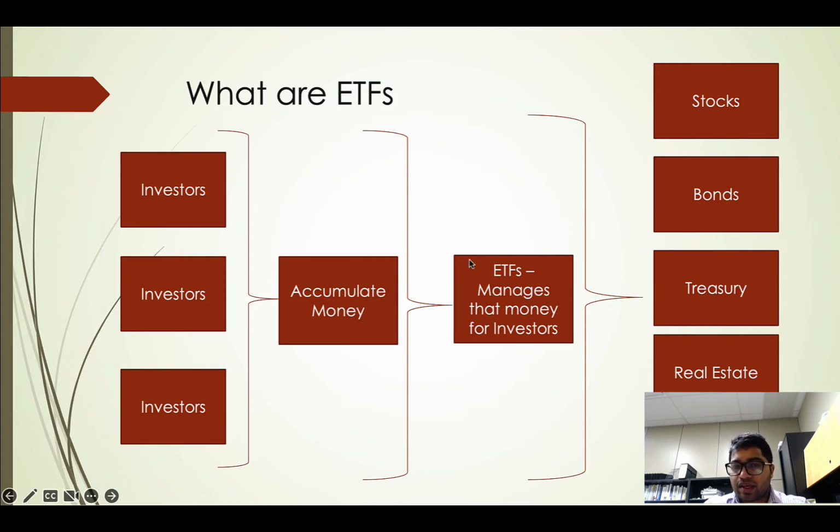Investors pool their money, they give it to an ETF that manages money for investors, and that exchange traded fund puts that money in either stocks, which is a stock ETF, bonds, a bond ETF, treasury ETF, real estate, cryptos, etc. That's how it works. So you can buy the ETF rather than buying these individual things, where you get a basket of stuff.